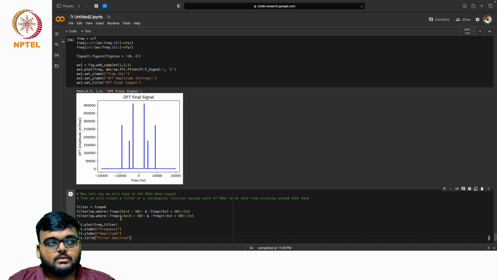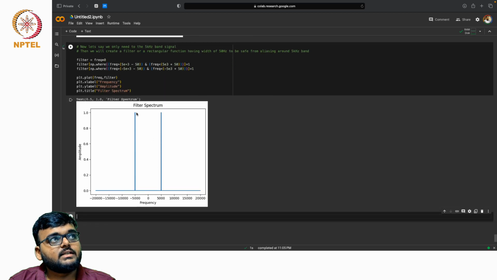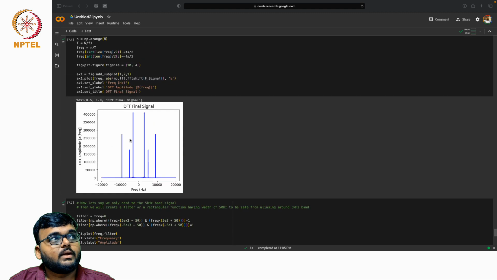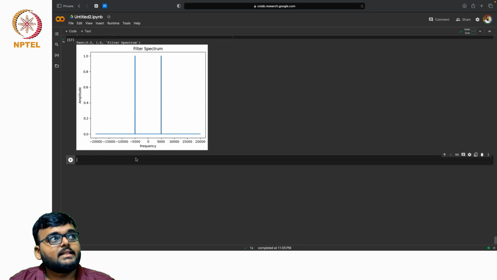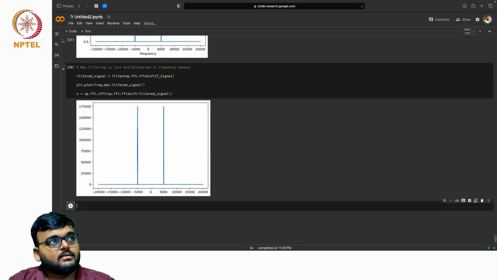Since it's a very narrow filter, you will see it like a square, but it's very short. Filtering is nothing but multiplying this by the Fourier spectrum we got earlier, which is this one. If we multiply this, we will get this.